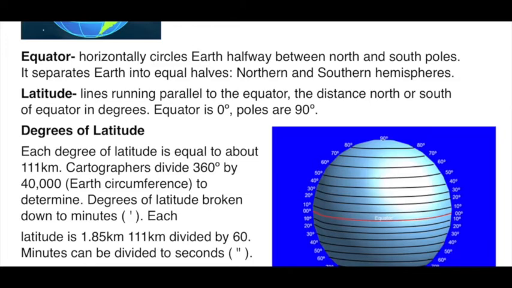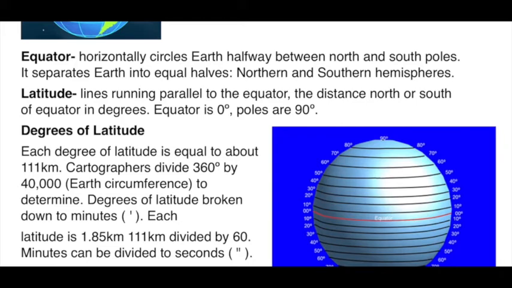Okay, so from the equator, which is that center line, that horizontal circle halfway in the widest part of the sphere, to the north and to the south, run 90 degrees each. These are called lines of latitude.